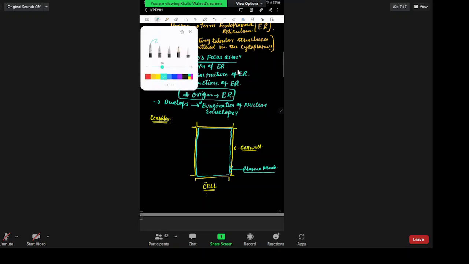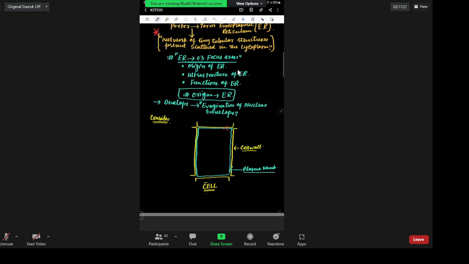Inside this plasma membrane, we need to show this tube like network structure, जिसको हम ER कहेंगे. इसको हम करेंगे tag as cytoplasm. The red color dots, let us suppose, represent the cytoplasm.